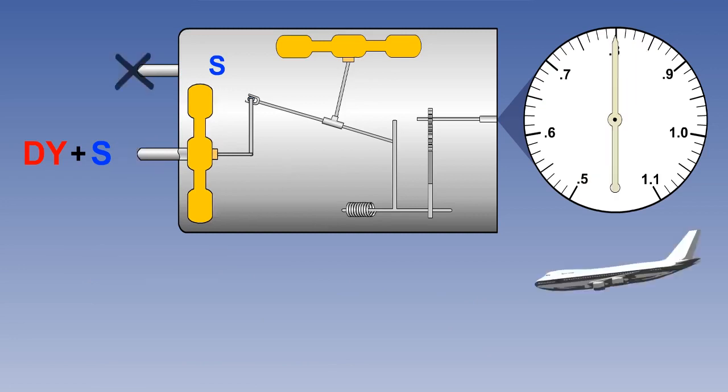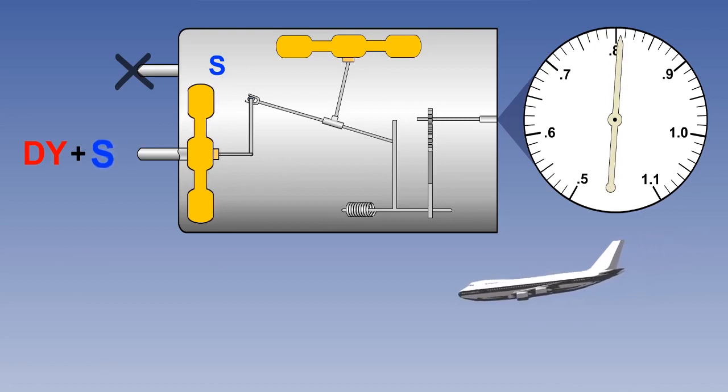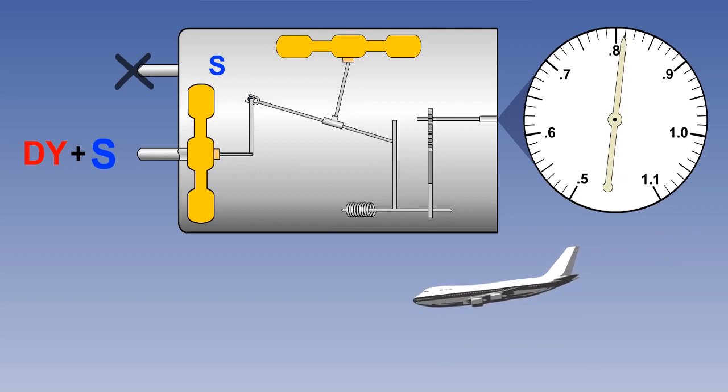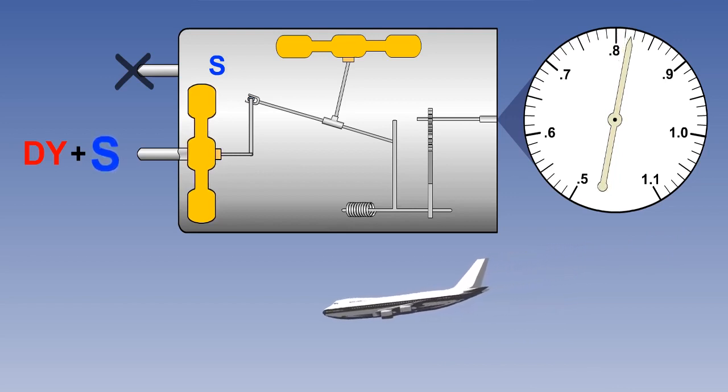If the static source becomes blocked, the Machmeter will overread in a descent. In the descent, the static pressure within the instrument case and the static pressure component of pitot pressure should normally increase at the same rate and cancel each other out.